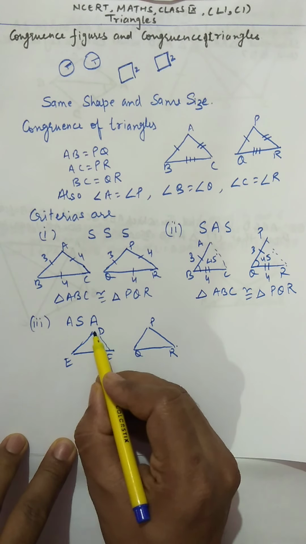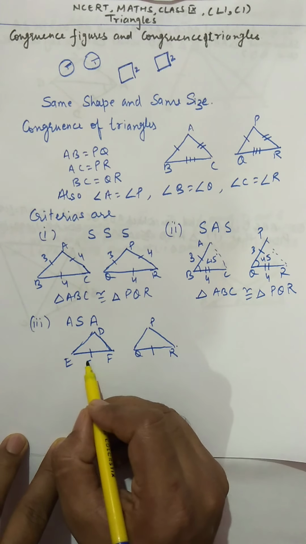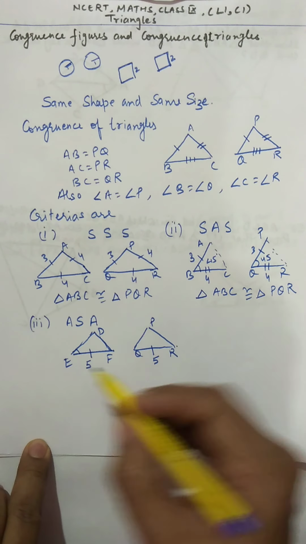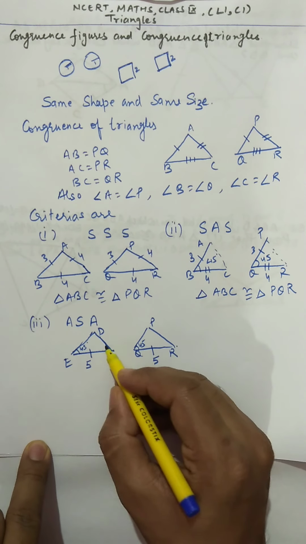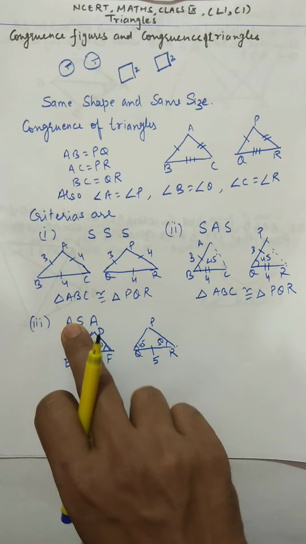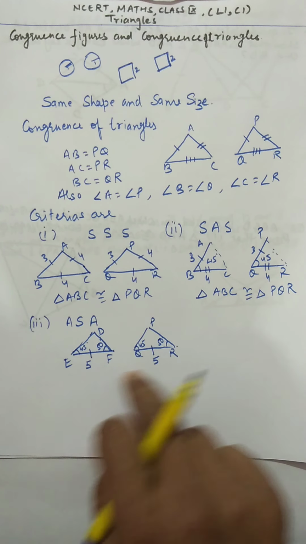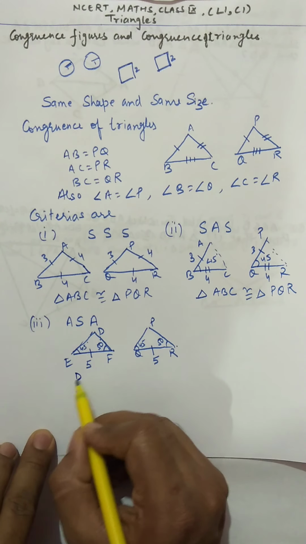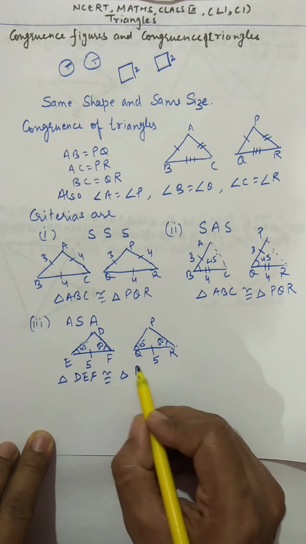If EF is the same as QR, let's say this is 5 units and this is also 5 units, then this angle is 45 degrees and this is also 45 degrees, this is 50 degrees and this is also 50 degrees. So you can see this angle side angle, they both are the same corresponding wise. So I can say these two triangles, triangle DEF is congruent to triangle PQR.